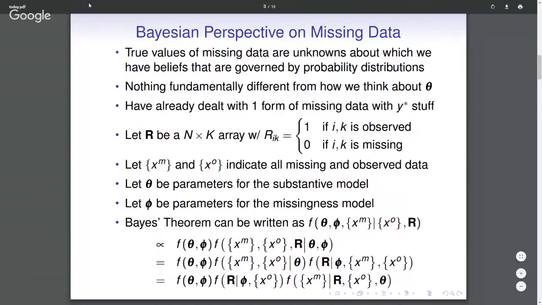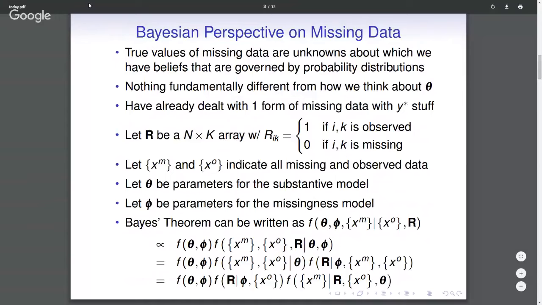All right. So the Bayesian perspective on missing data is that the true values of the missing data are unknowns, and we have beliefs about those unknowns, and we're going to describe our beliefs about those unknowns with probability distributions. We're going to condition on the data that we observe.